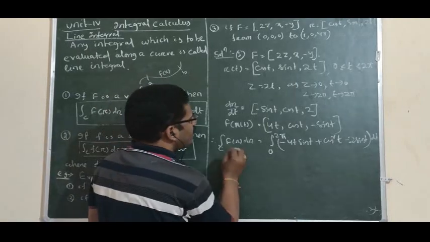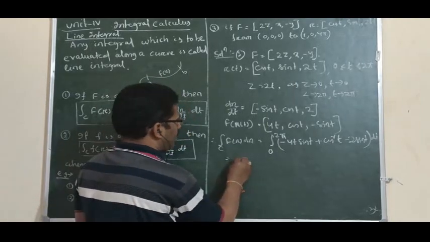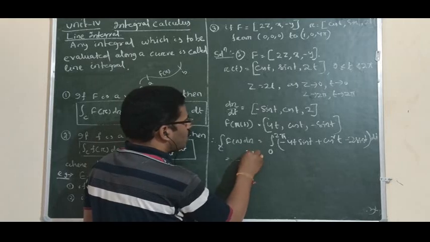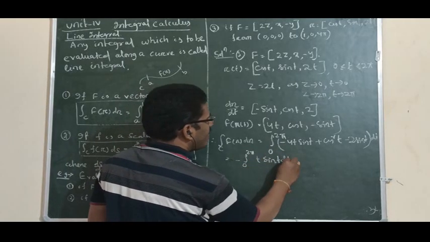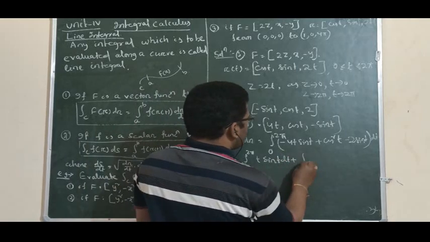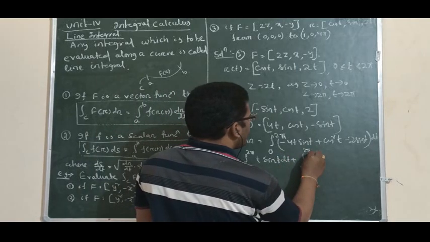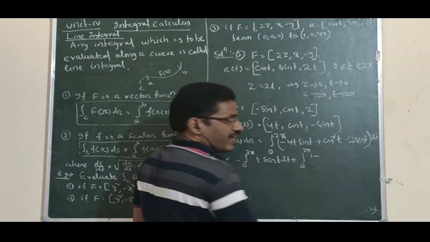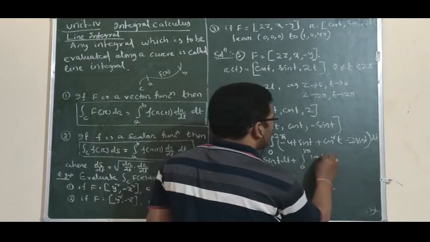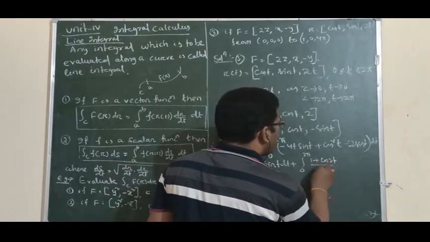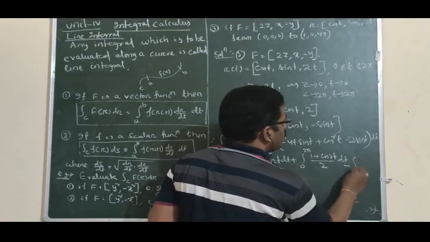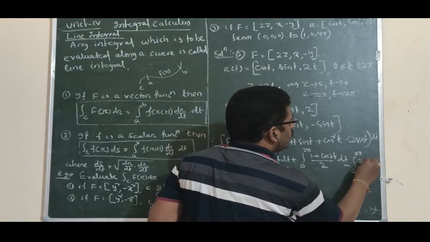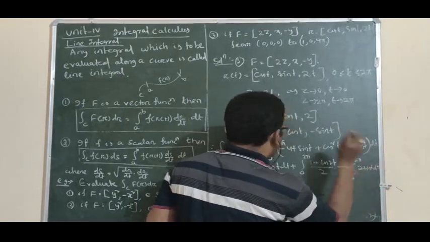Now we have to integrate minus 0 to 2 pi t sin t dt, plus 0 to 2 pi cos square t, that means 1 plus cos 2t by 2 dt, minus 0 to 2 pi 2 sin t dt.